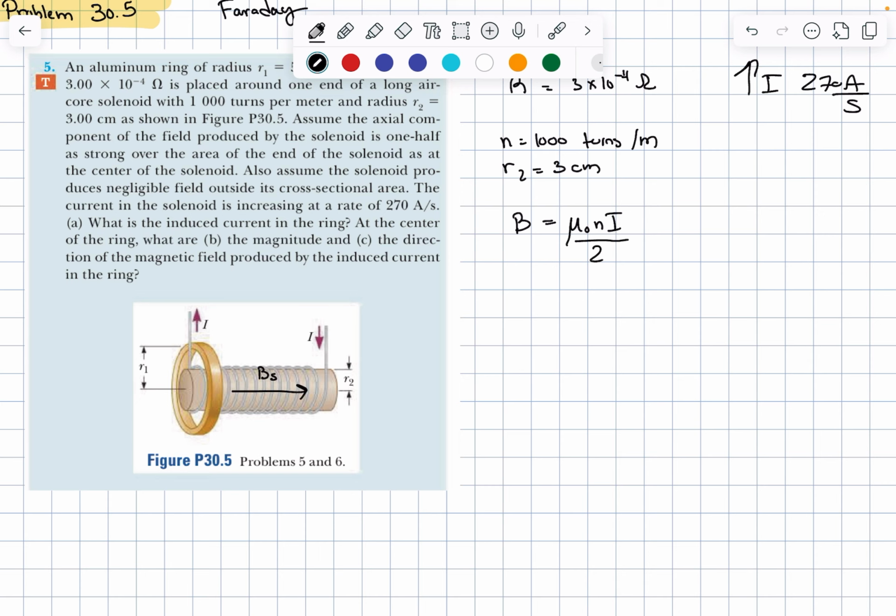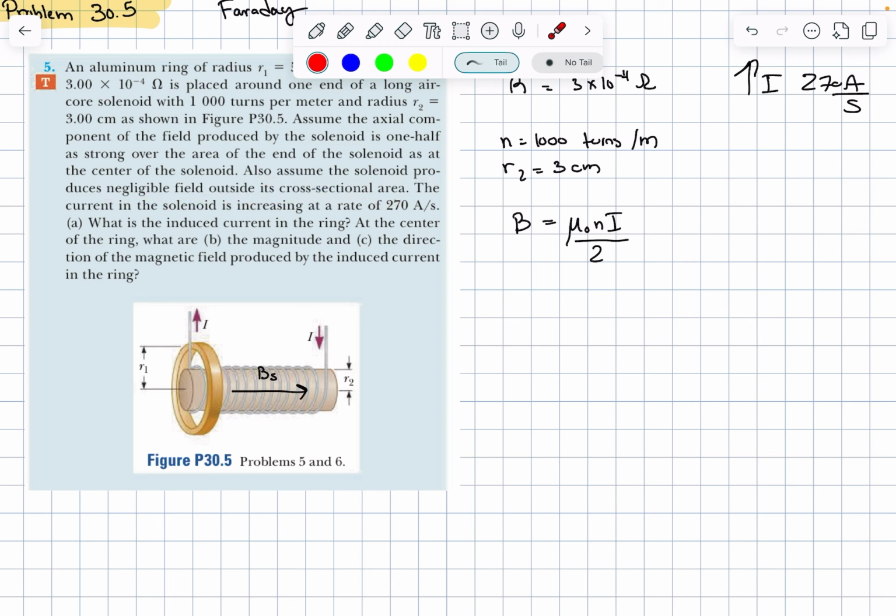So divided by 2. That's the value for B that we are going to be using down here. And we know that it is uniform and it is only contained inside of this region, right? That's the next sentence. It says, also assume the solenoid produces negligible field outside its cross-sectional area. B is only along here.